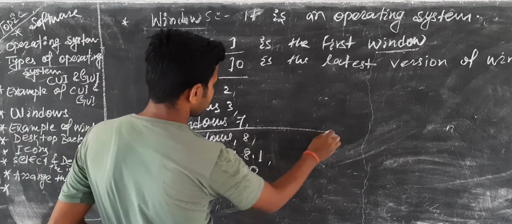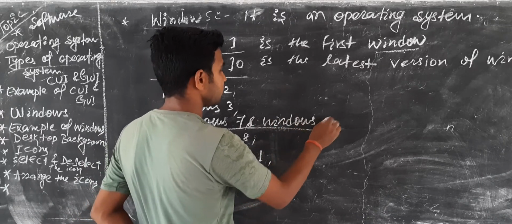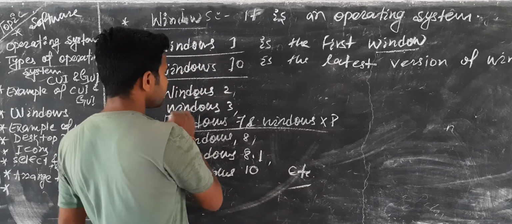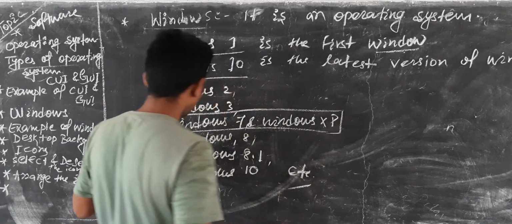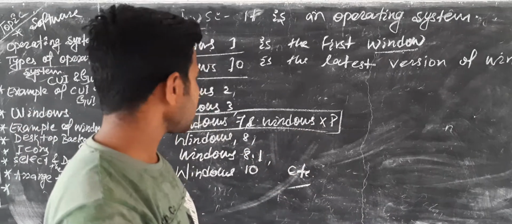With Windows 7 will come what? Windows XP, etc. But both Windows 7 and Windows XP have the same steps.